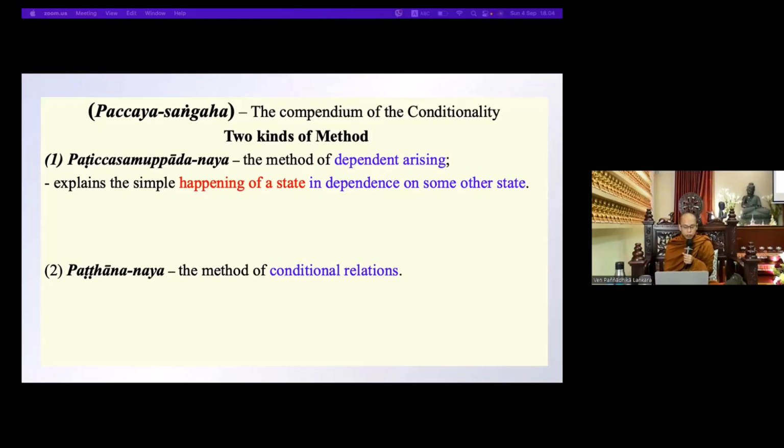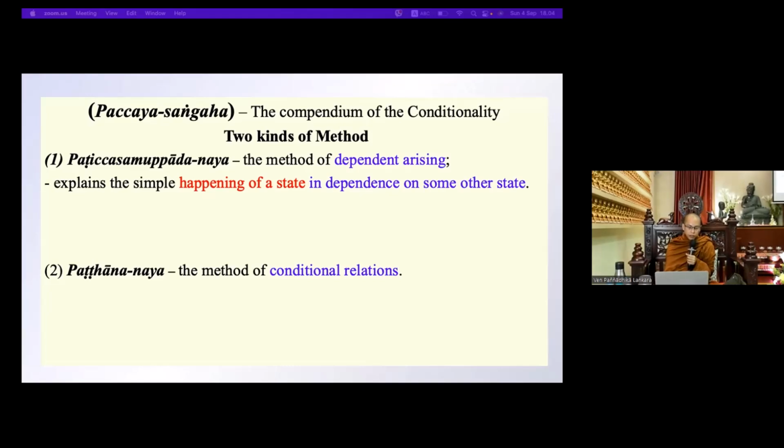So first of all, we will study the two methods. Today, for this lesson, I'm going to introduce the two methods and mostly emphasize the Paticca Samuppada Naya. Here in the first method of dependent arising, it mentions the simple happening of a state.